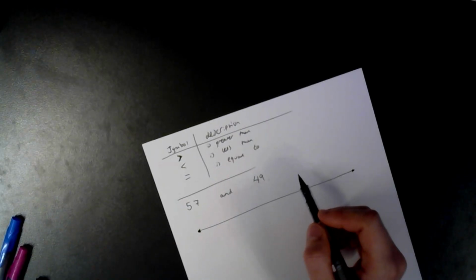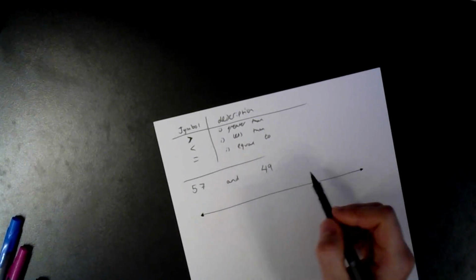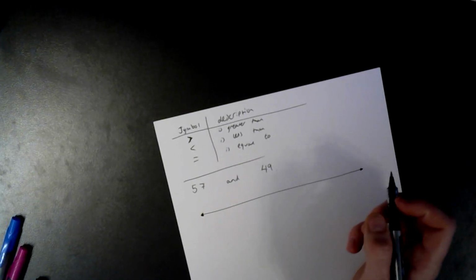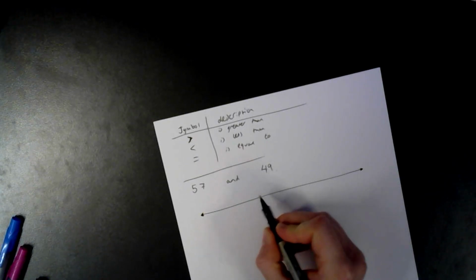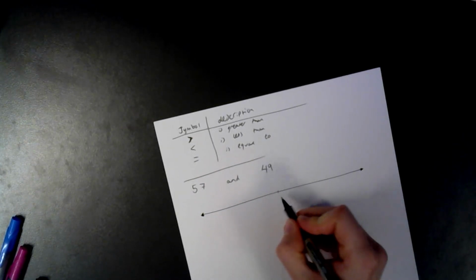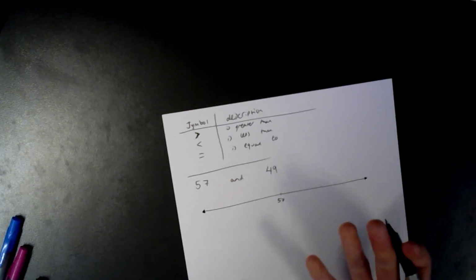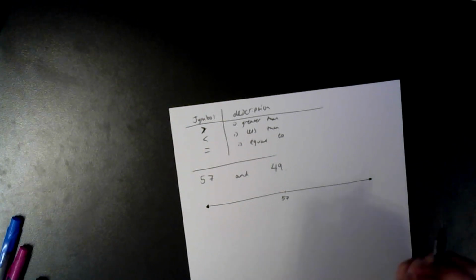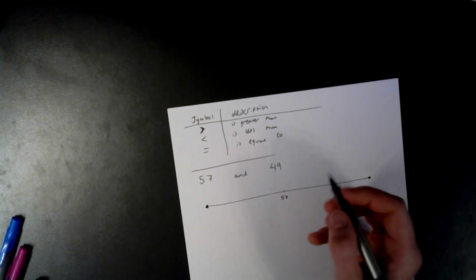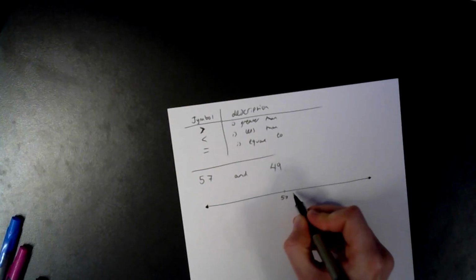And sometimes when we've got really big numbers, what we'd rather do than write the number line all the way out from 0 is just to start with one of the numbers and mark them on. So let's mark on 57. And what we can do now is sort of copy what we did earlier, where we went 10 left and 10 right, but just go 10 left and 10 right from 57.